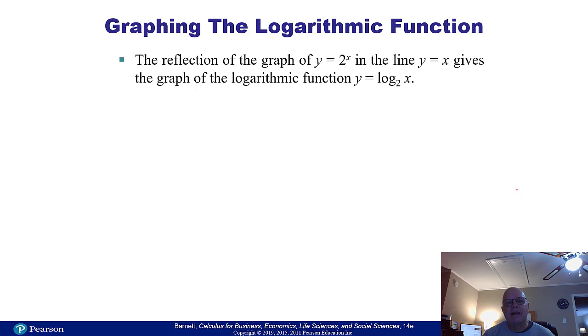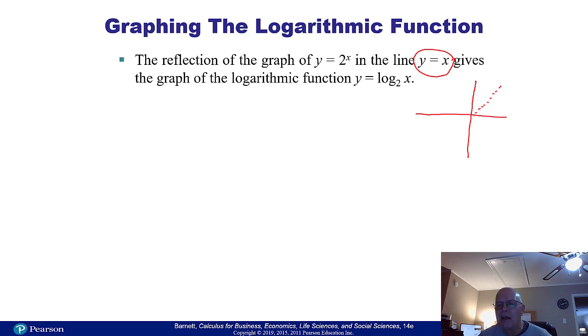Another thing to remember is that those two functions, the function and the inverse, are reflections of each other. And the reflections around y equals x. So what does that mean? Well, before we get an x and y axis all cluttered, here's the x and y axis.